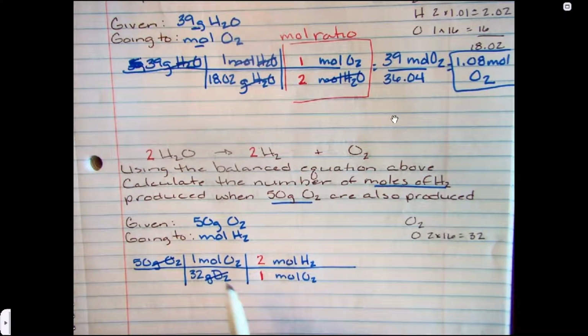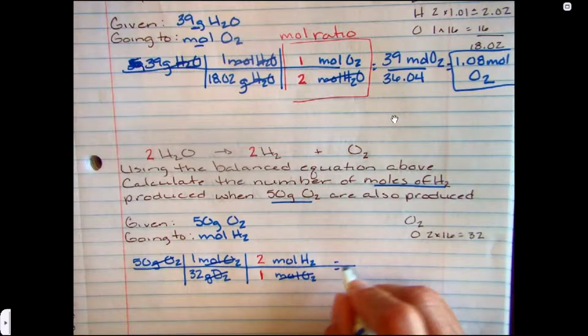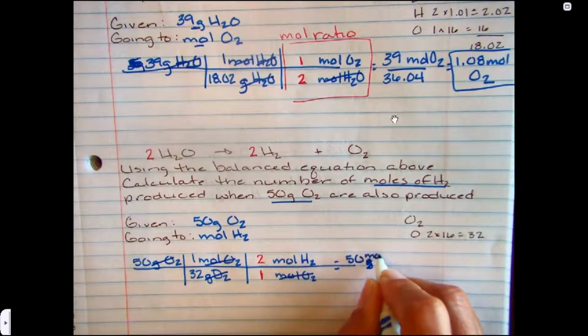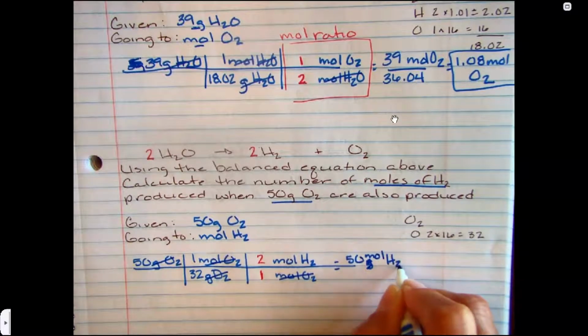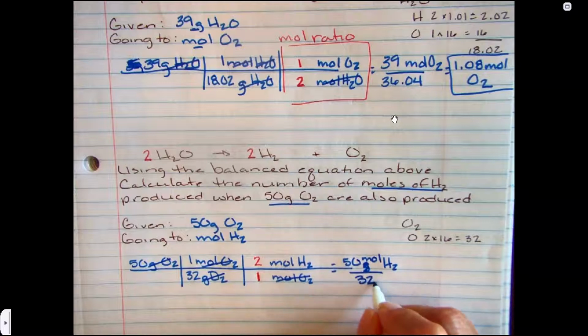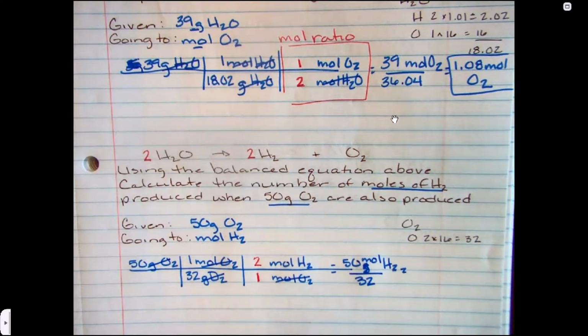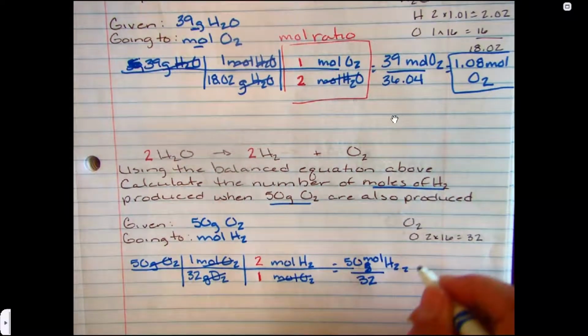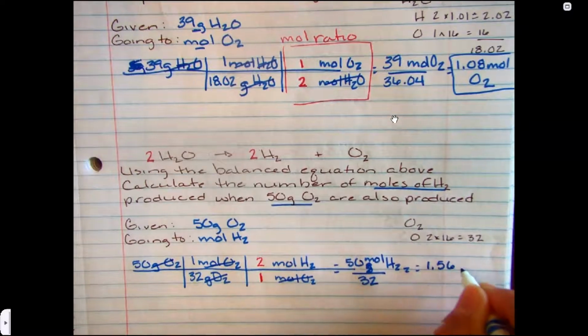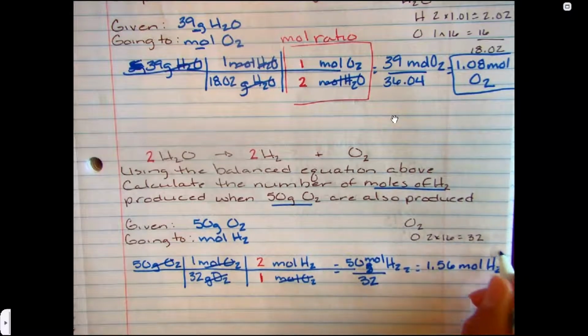Our grams of O2 cancels, moles of O2 cancels, multiply across, that equals 50 mole H2 over 32, because 32 times 1 is 32. So 50 divided by 32 equals 1.56 mole H2.